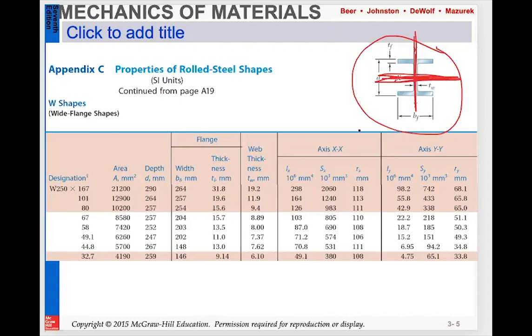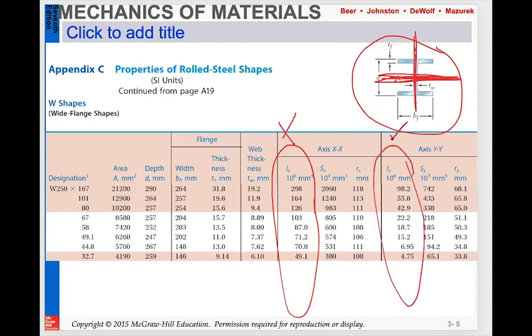So obviously this is what the x-axis is. From this is the x, and obviously this is the y. And you can sort of see, if I compare any one particular case, we have a strong axis and we have a weak axis, and the weak axis is generally 4 or 5 times weaker. So one axis is going to buckle for sure in one direction.